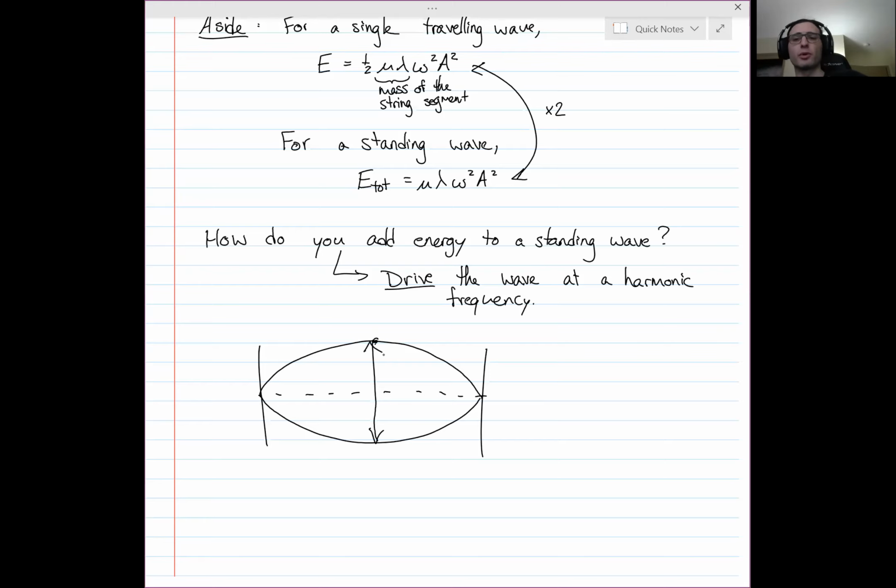Because of the wind or because people are walking or whatever reason, you are adding energy to the system at precisely the right frequency that is a harmonic frequency for your system. And so the oscillations in the system will get larger and larger until it catastrophically collapses.